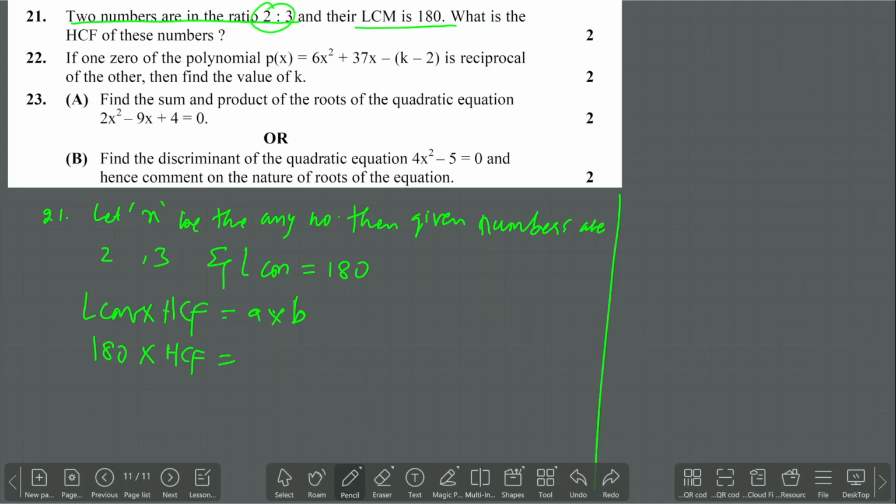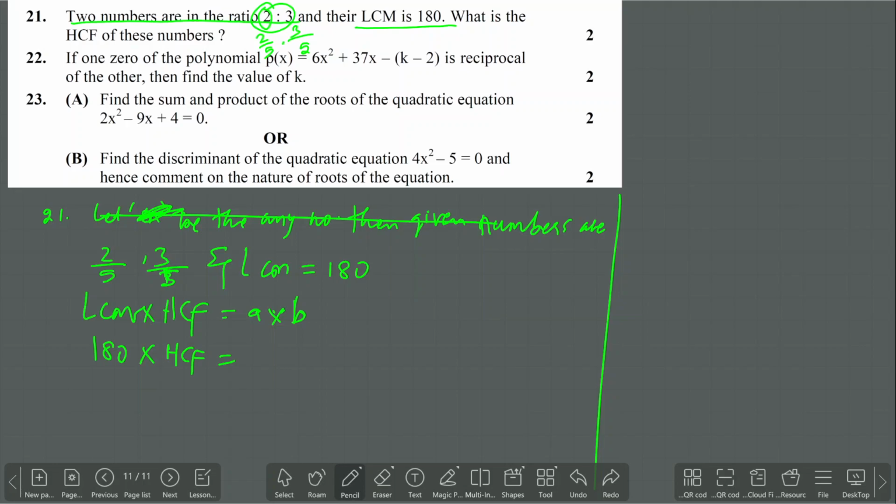What am I getting? 5. First number is what? 2. So first number 2 by 5. Second number is what? 3. Addition value 5. Like that you write, you will be getting accurately. So first number, x you don't take. This line you leave it. Then first number 2 by 5, second number 3 by 5.